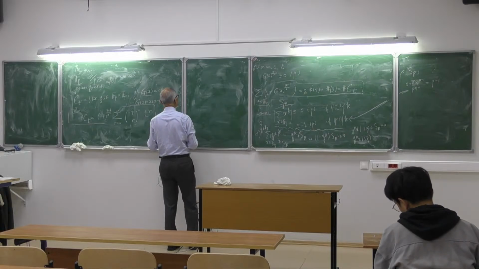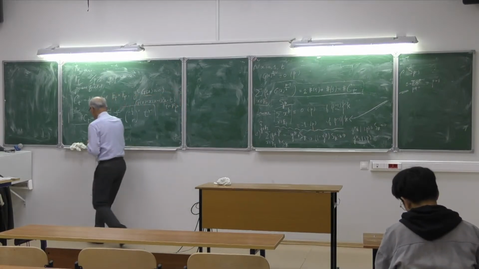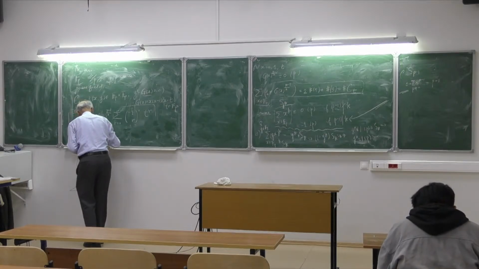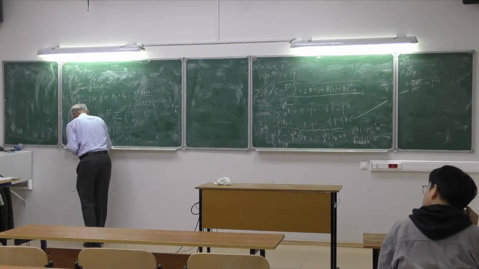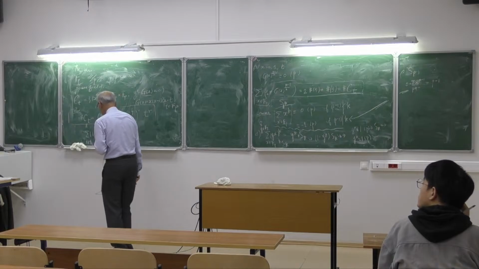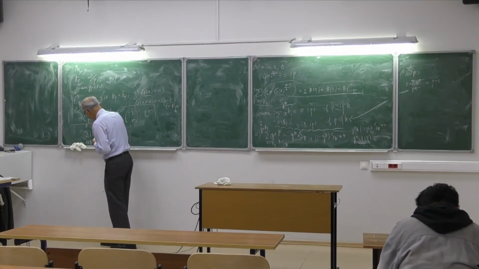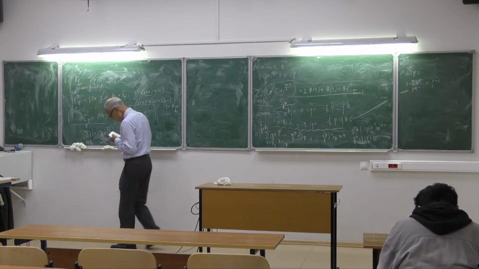I write it, we established this fact: 1 plus g(x) to the power p minus 1 over 2, summed over x in F_p, over this number. So we need to calculate this expression.